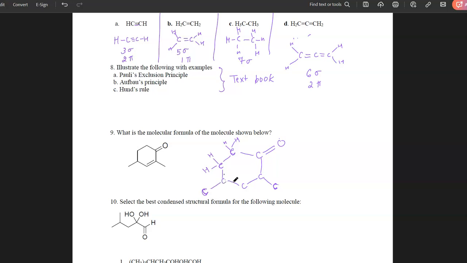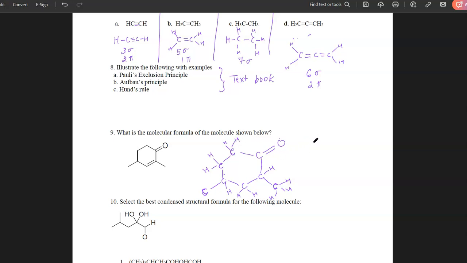It has 1, 2, 3, so it needs only 1 more hydrogen to form the correct compound. This carbon will need 2 more hydrogens. This will need only 1. This will need 3 more hydrogens. And anything over here? No, because 1, 2, 3, 4. So it's complete. Now you can count all the carbons, hydrogens and oxygen and write down the molecular formula.